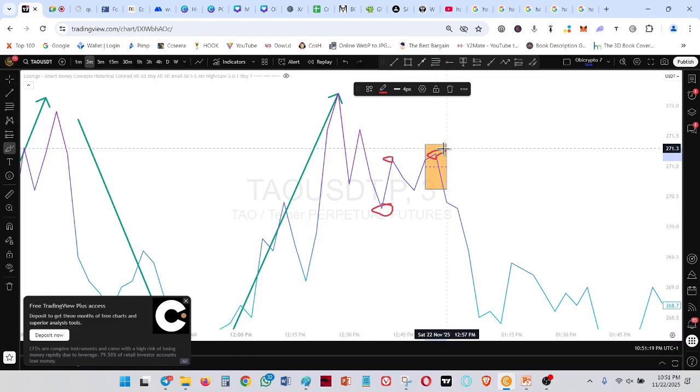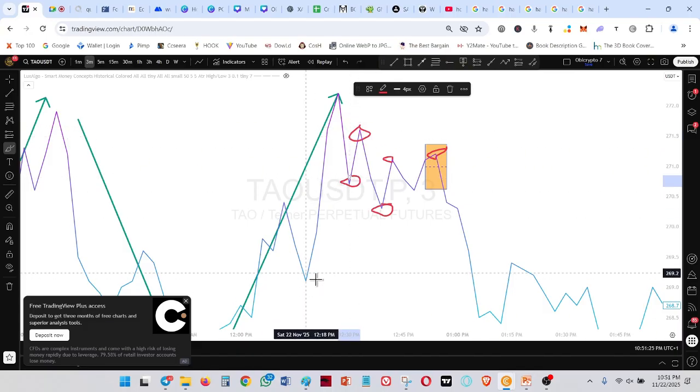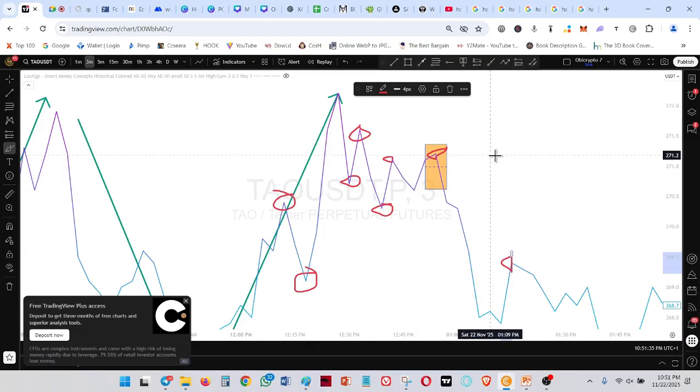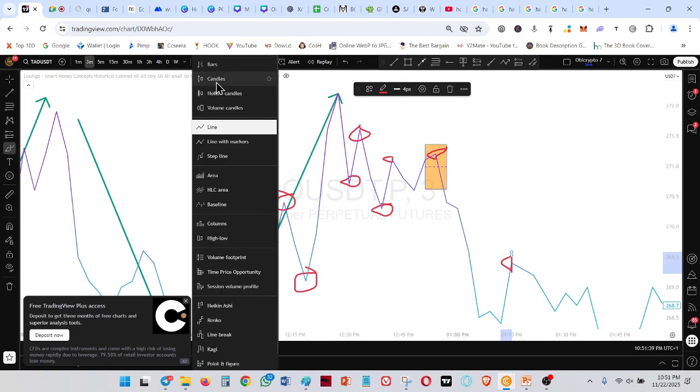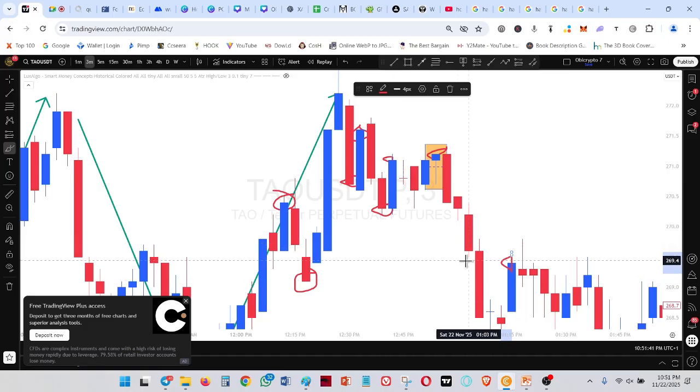We call them turning points. All the turning points, all these points that you are seeing, I will circle all of them to make it easier for me. So after circling all of them, I will quickly change it from line to candle.